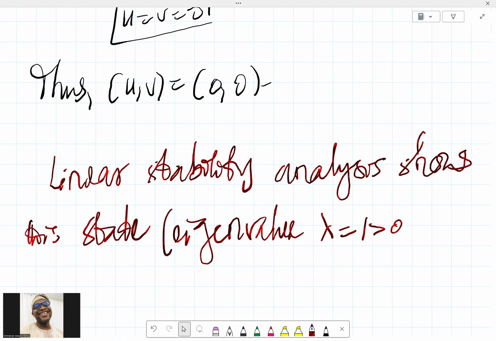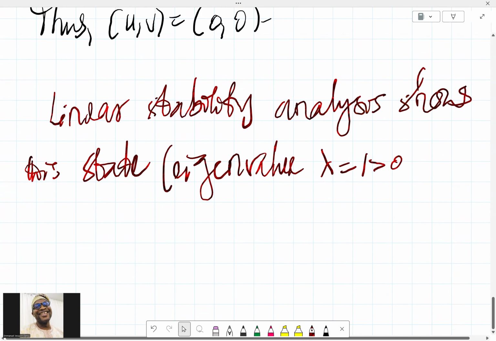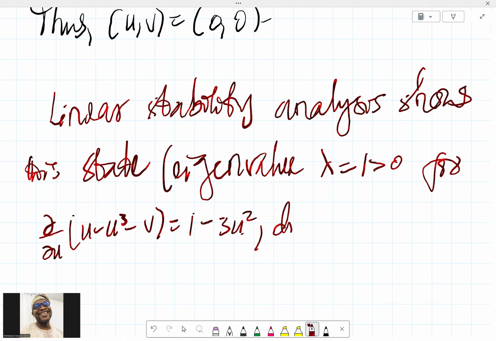Any lambda greater than 0 shows that the system is not steady. This comes from d/du of (u minus u cube minus v), which is equal to 1 minus 3u squared. And that drives oscillation.